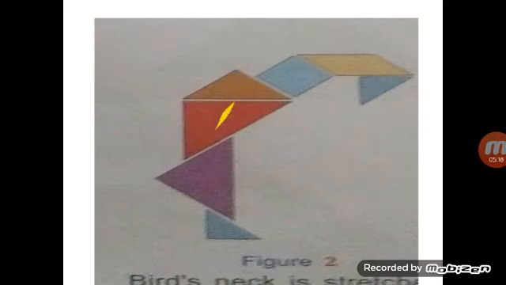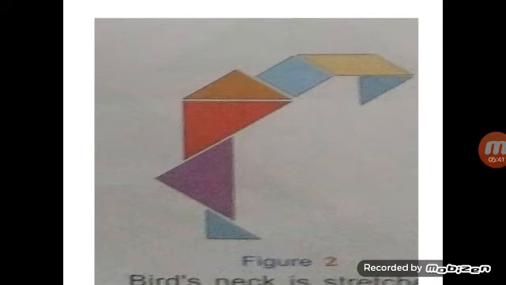Then this is a small triangle, this is also a small triangle, this is a medium size triangle, this is a parallelogram, this is a square. So we had arranged those 7 pieces in such a way that we can find this picture of a bird. Understood?